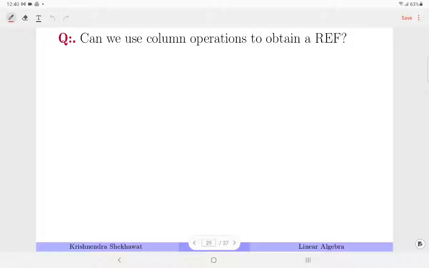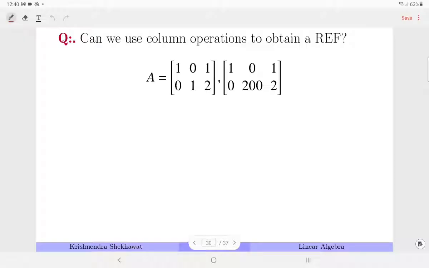Now it's easier to answer why column operations are not used to obtain REF. Column operations can give you REF, but the problem is after that the system won't remain equivalent. For example, you use a column operation here, so you multiply this column by 200. Now the first system is giving you x is equal to 1, y is equal to 2, and this system is giving you x is equal to 1 and 200y is equal to 2.